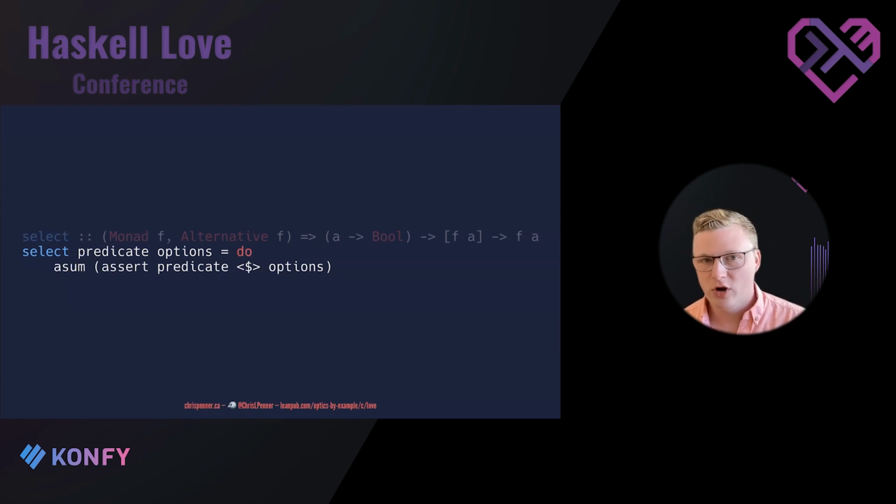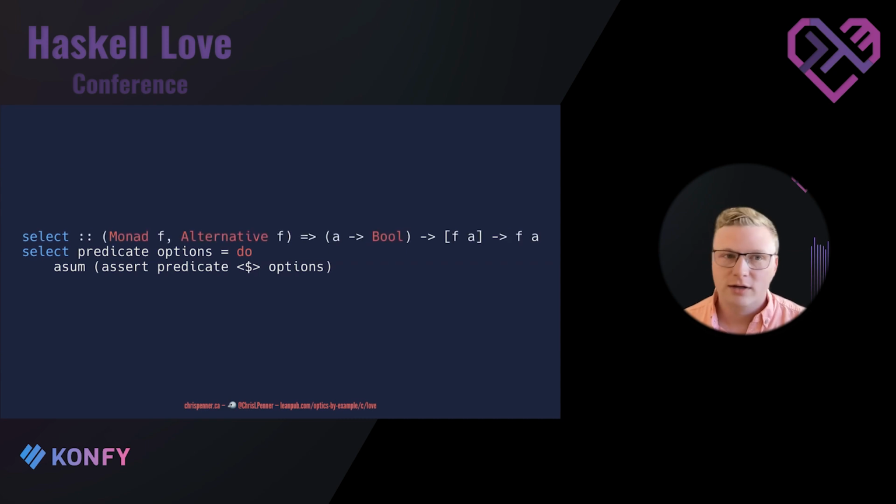So implementation here, again, is very simple. We're going to work from the inside out. So we're going to apply this assert against this predicate to each of our individual options, each of our actions. And then we can just sum them all together. And it turns out this does exactly the right thing because of the way our alternative is defined and the way that the laws interact.